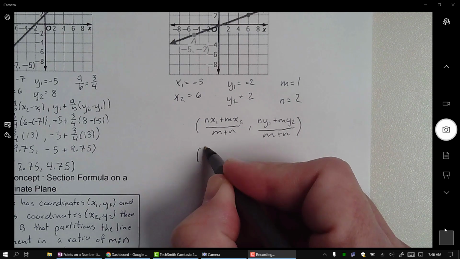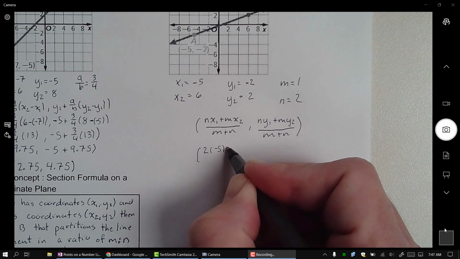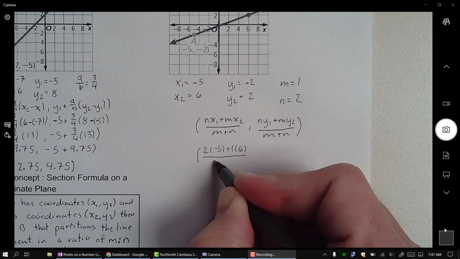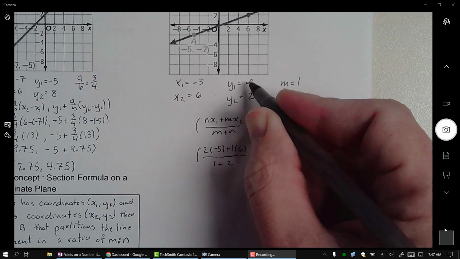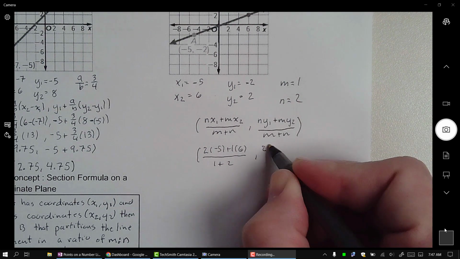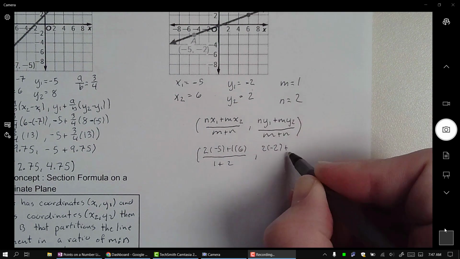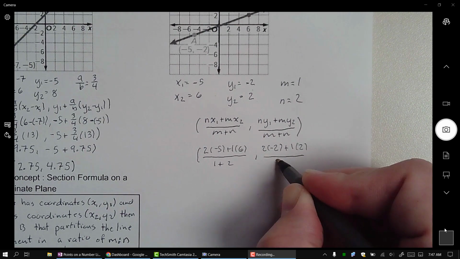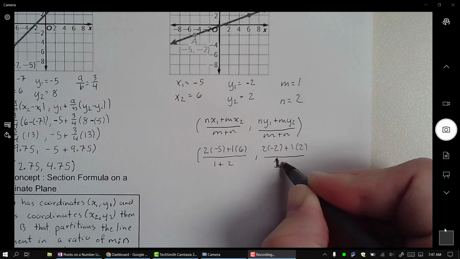So this is going to be 2 times negative 5 plus 1 times 6 over 1 plus 2. And then for my y, I'm going to have 2 times negative 2 plus 1 times 2 over 1 plus 2.